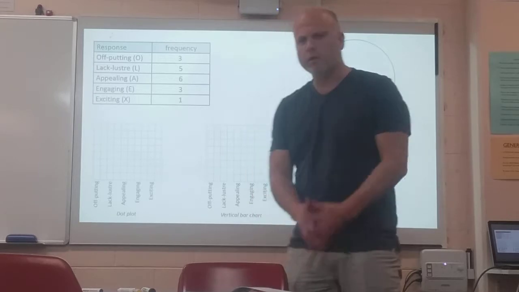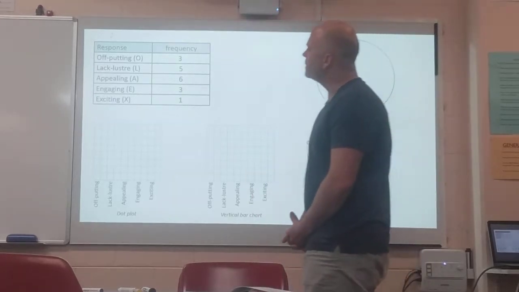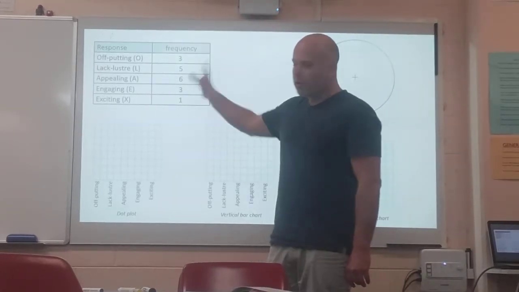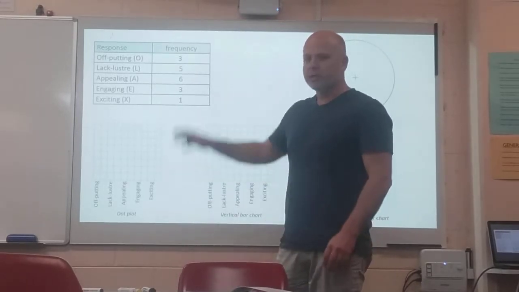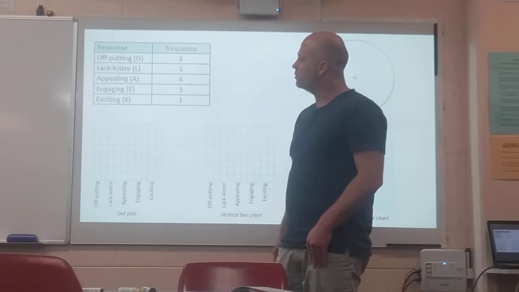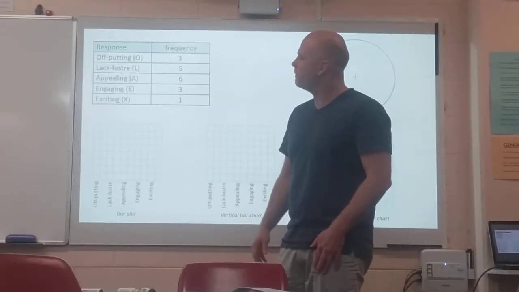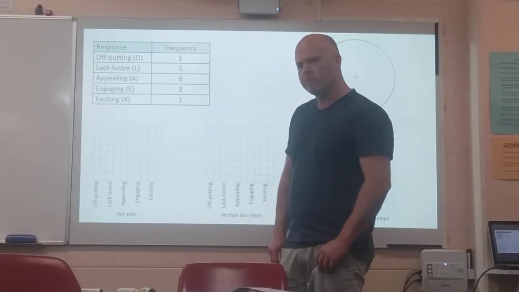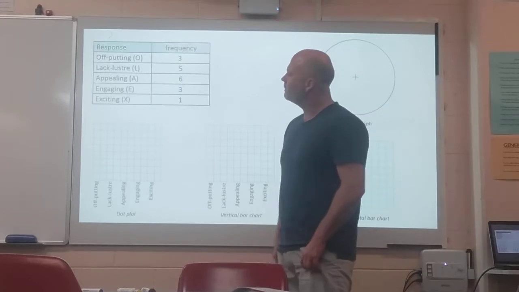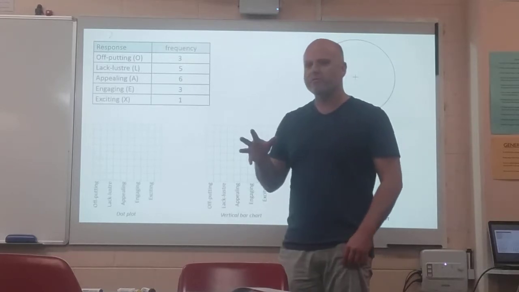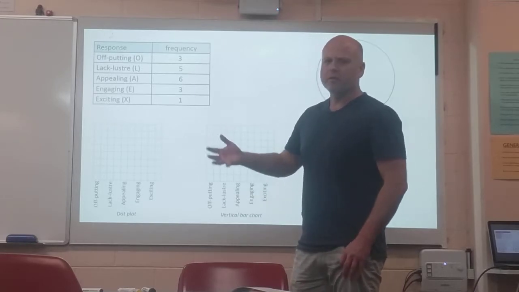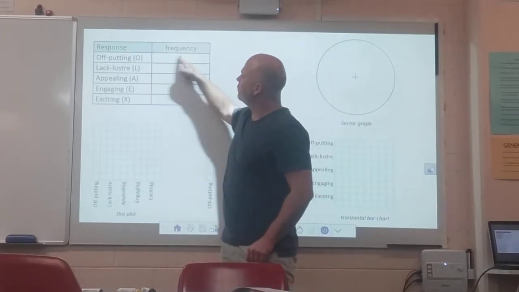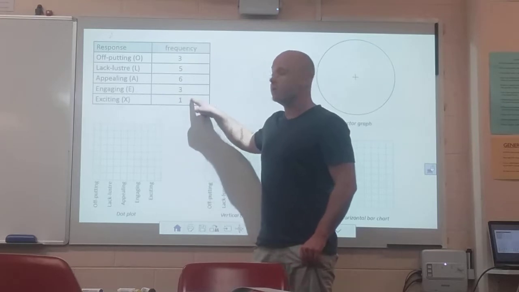An interesting one here about whether this is categorical nominal or ordinal. Remember, if it's ordinal, there needs to be an obvious order to the responses that people could give. I think this is supposed to be ordinal data, but I can see an argument for it being nominal. The idea of it being ordinal is that there are people that find it off-putting up to people who find it exciting.